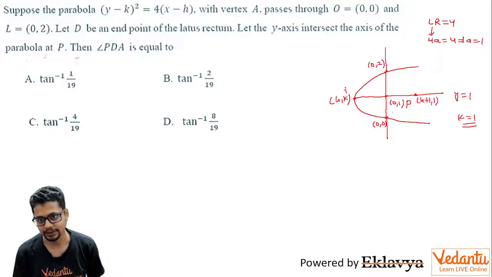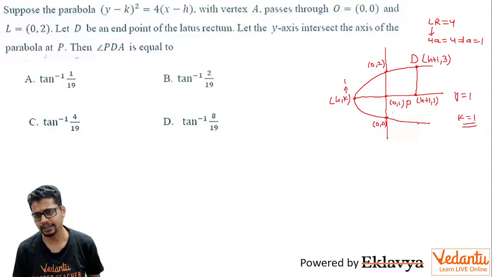So since a is 1, the length of the semi-latus rectum will be 2, so you can say this point which has been called D, let us also call it D, will be (h + 1, 3). Or you could have taken the other point, possibly, (h + 1, −1).